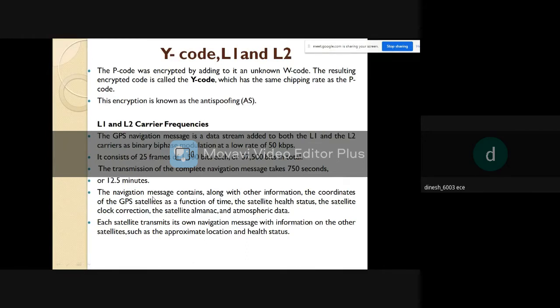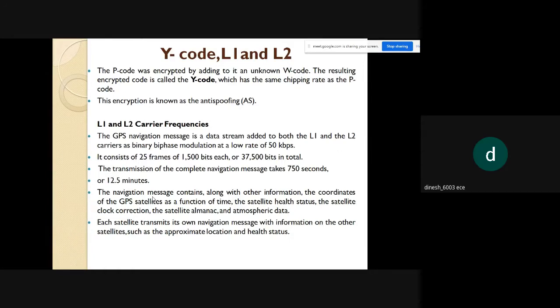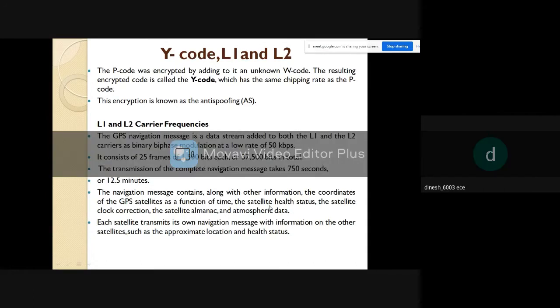This navigation message will contain information such as the function of the time of the satellite, the satellite health status, the satellite clock correction, the satellite almanac, and the atmospheric data of the satellite.